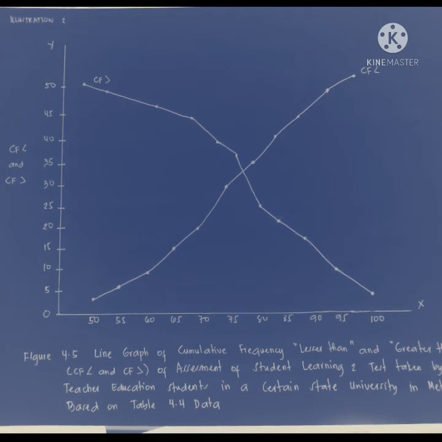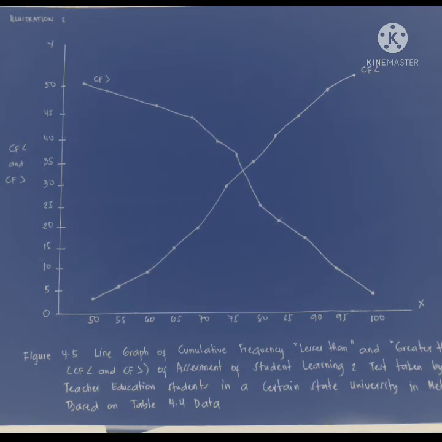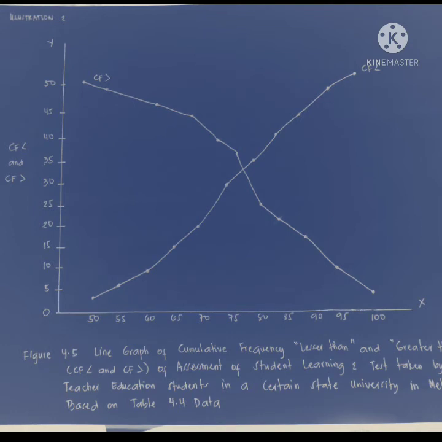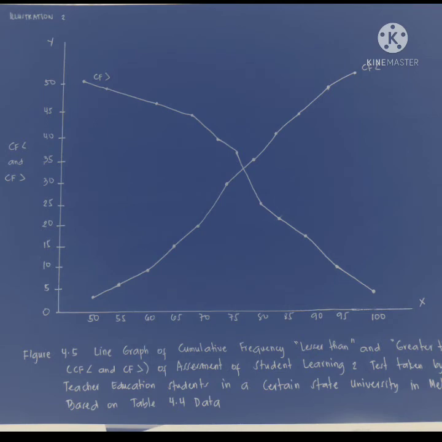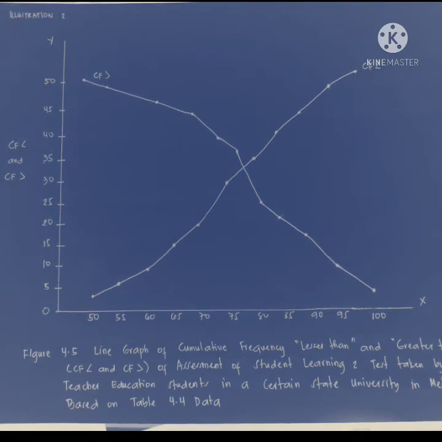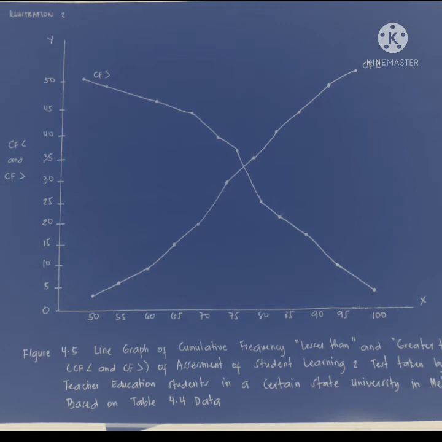On the y-axis, you are going to see the number of teacher education students who took the test. At the horizontal line, the x-axis, we are going to see the scores of the students who took the test.